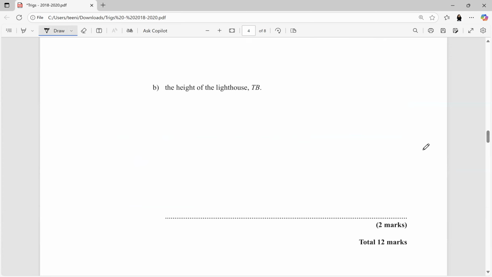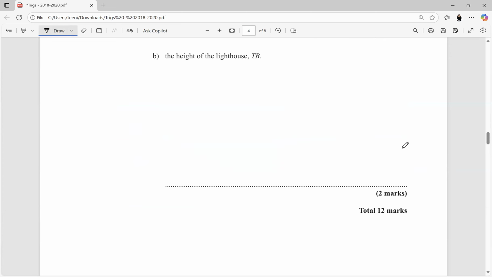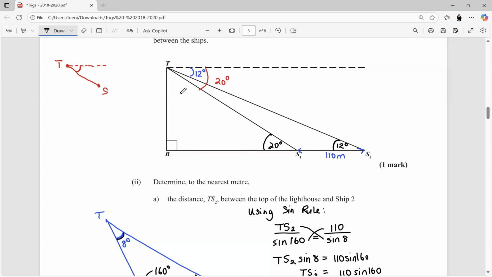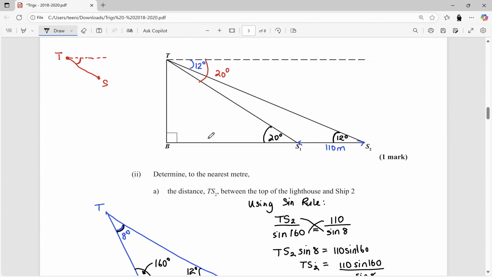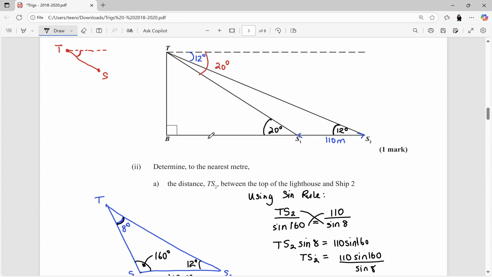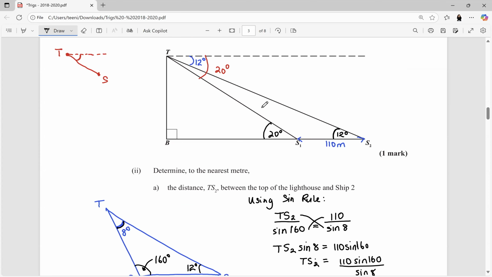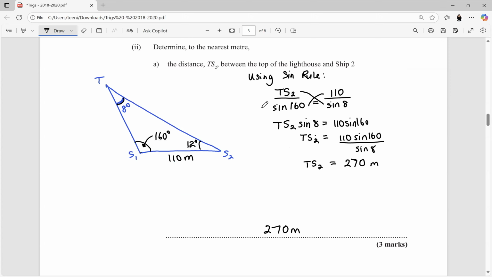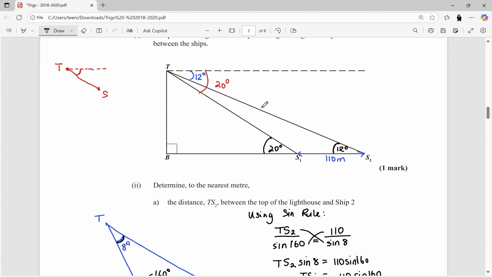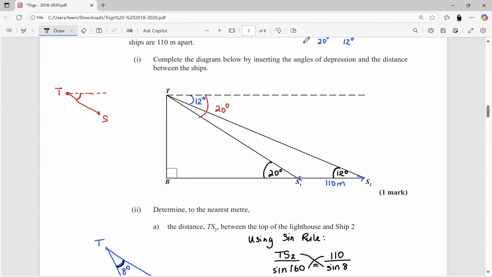And the next question is to determine the height of the lighthouse. So the lighthouse is TB, all right? So determine the height of that. Actually, we can use regular trig ratios for this part, now that we just found the length of TS2.